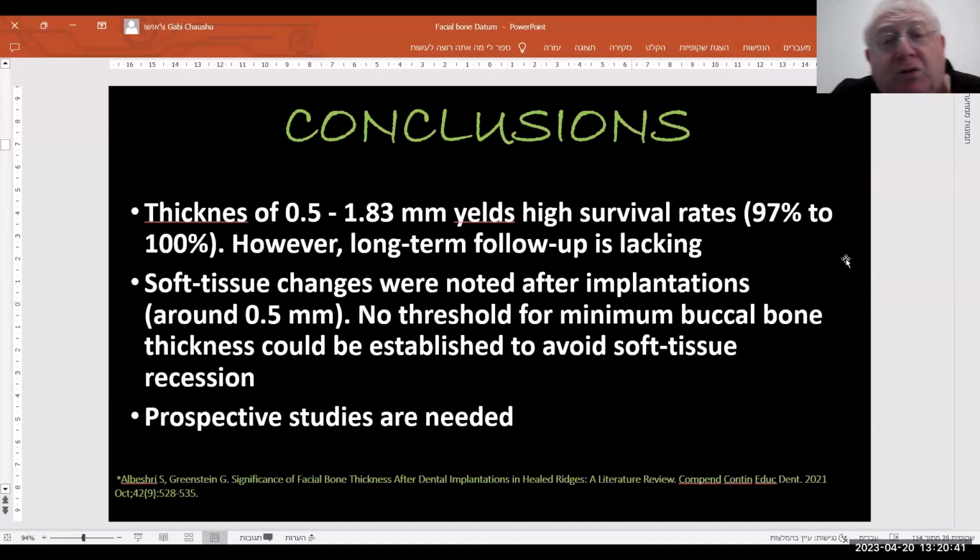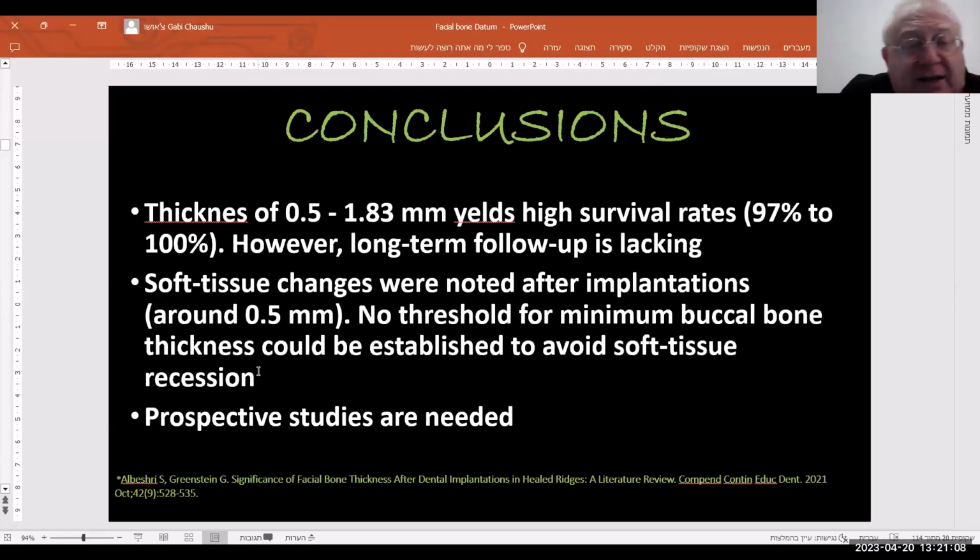So their conclusion was that buccal thickness, even of 0.5, yields a high survival rate, 97 to 100. However, we still need long-term follow-up. And soft tissue changes will occur anyway after implantation, around 0.5 millimeters, and there was no threshold of minimum buccal bone thickness that will avoid soft tissue recession.